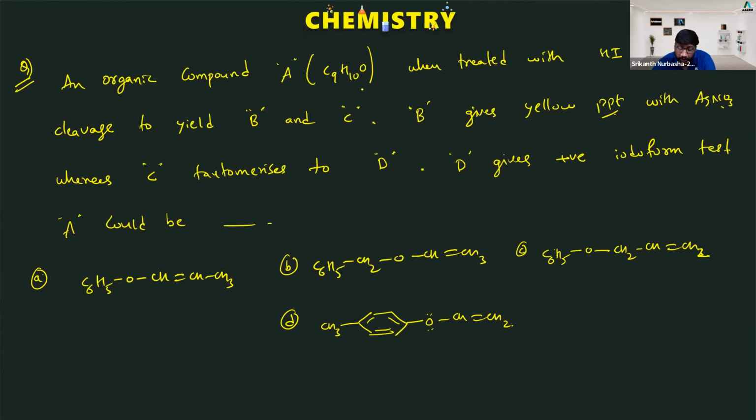An organic compound A, when treated with HI, undergoes cleavage to yield B and C. B gives a yellow precipitate with AgNO3, whereas C tautomerizes to give D. D gives a positive iodoform test. So the compound A could be what? That was the question. Okay.